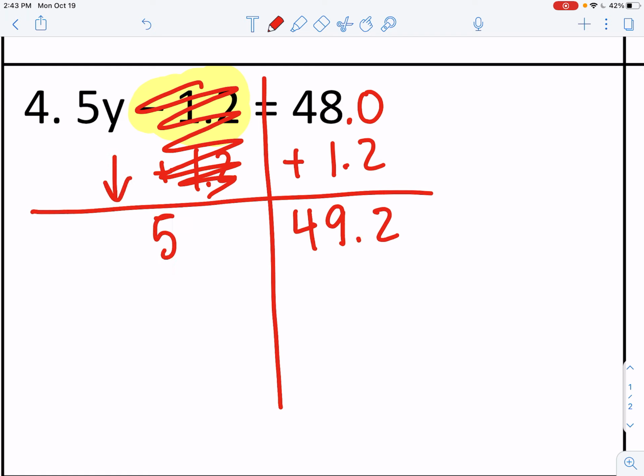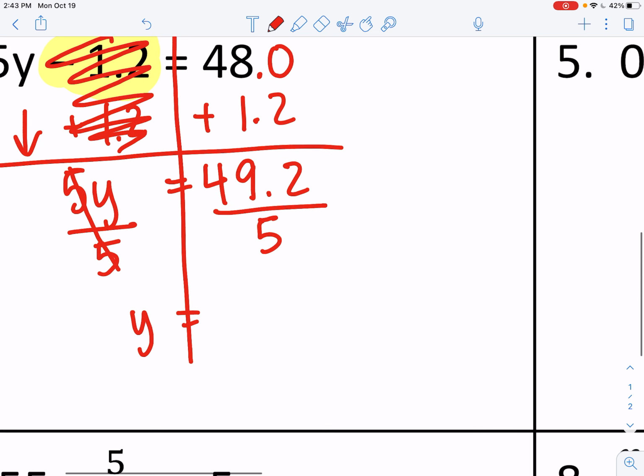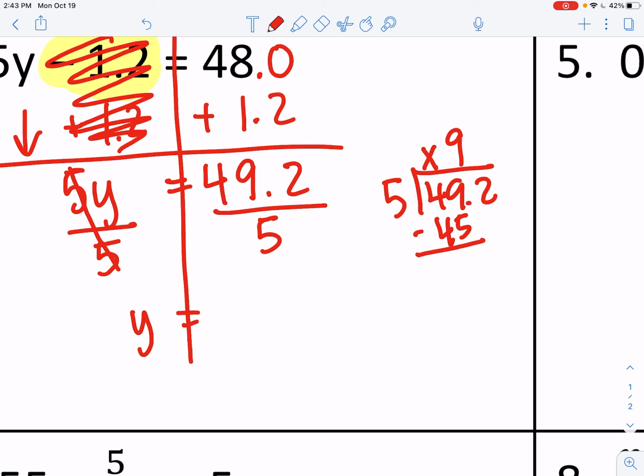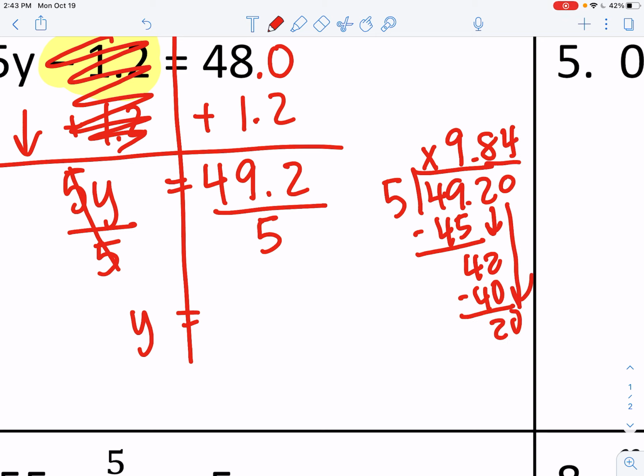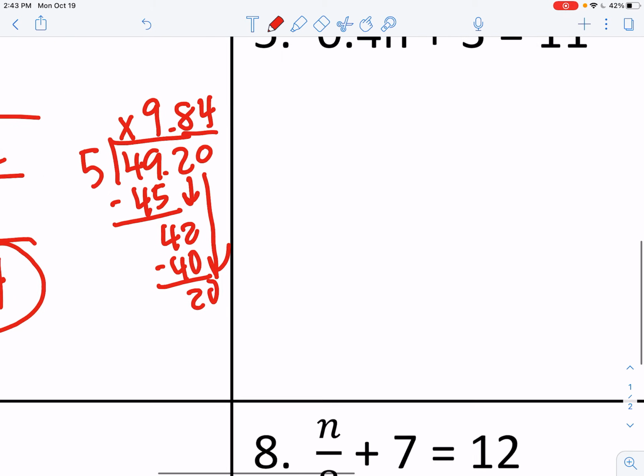Bring down 5y, and then you just need to divide both sides by 5, and then you'll be able to get y equals, your division should look like this. And then if you divide this out on the side here, you get 9.84 as your final answer.